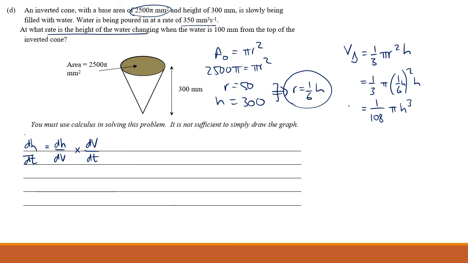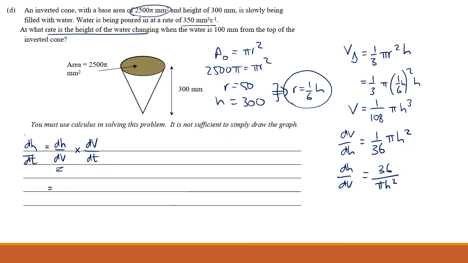Now that is v, so now we can get dv by dh, times that by 3, that's going to be 1/36 pi h squared. Now remember we want dh by dv, so dh by dv is just the reciprocal of that, so everything is upside down, so it's going to be 36 over pi h squared.